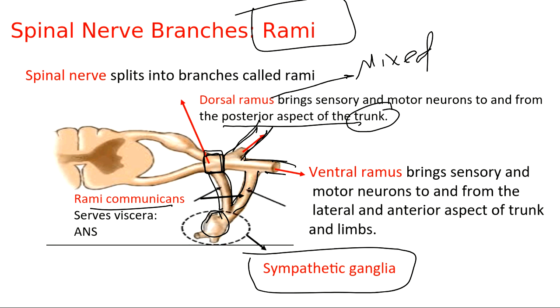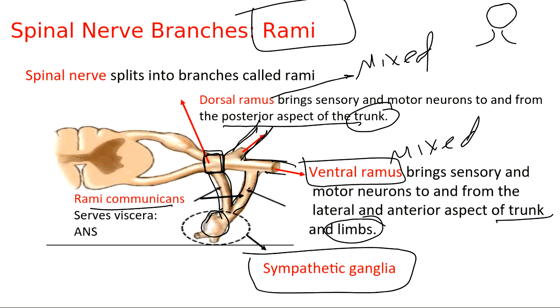The ventral ramus is going to serve the anterior and lateral aspect of the trunk plus arms and legs. Again, this is mixed. So if you have a person now, you have taken care of the back of the trunk and the front of the trunk and the lateral aspect of the trunk and the arms and legs.